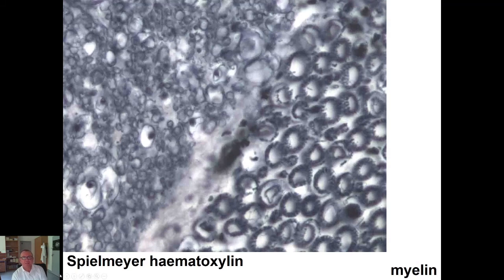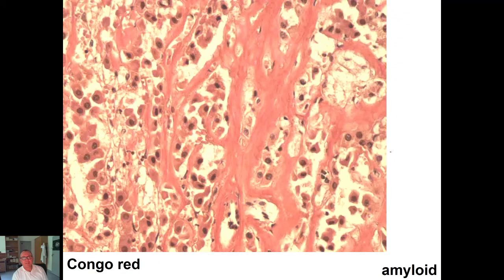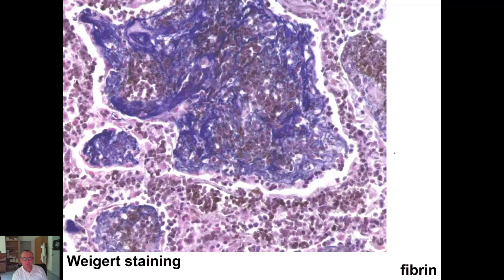Special myelin staining, I think we can go on. Toluidine blue together with osmium tetroxide can stain myelin blue. Congo red is staining amyloid. It's a pathological protein, so it's used in pathology, and the same is the case of fibrin, which is also pathological.